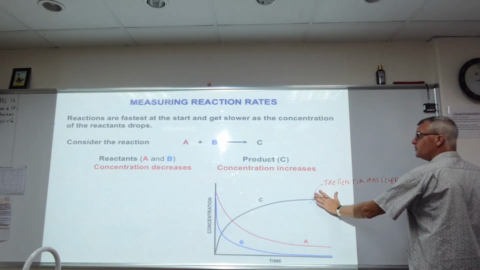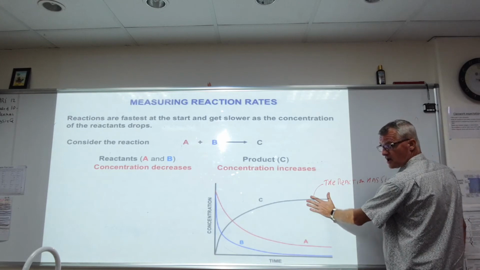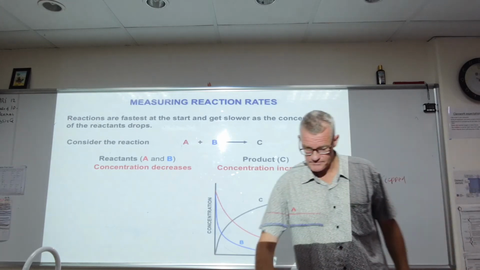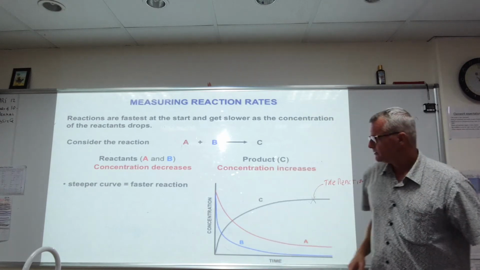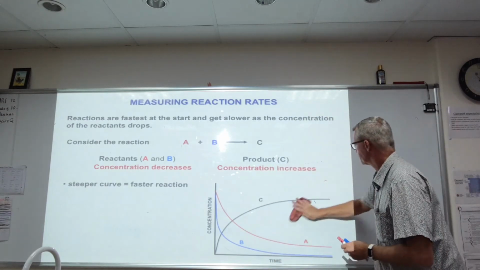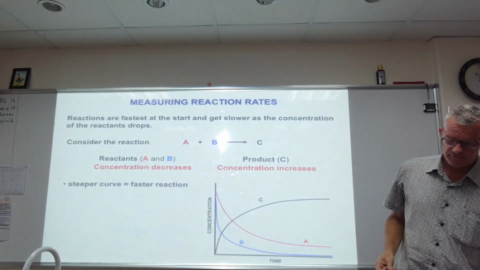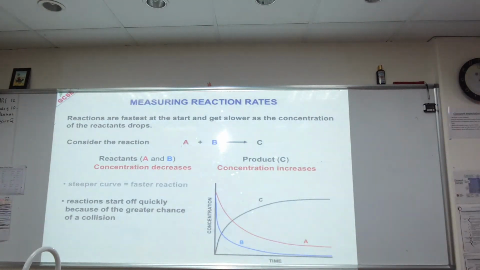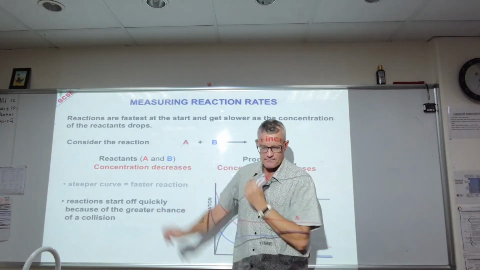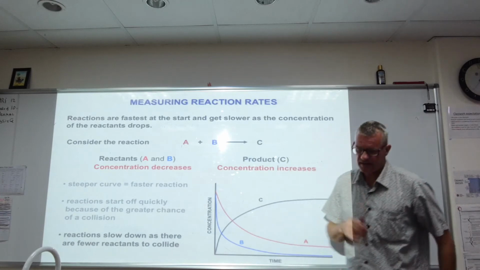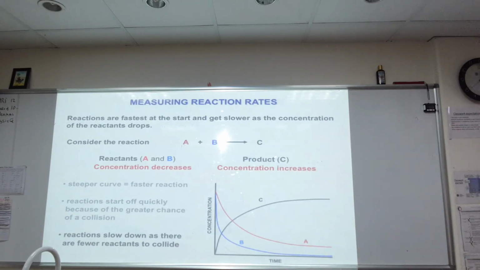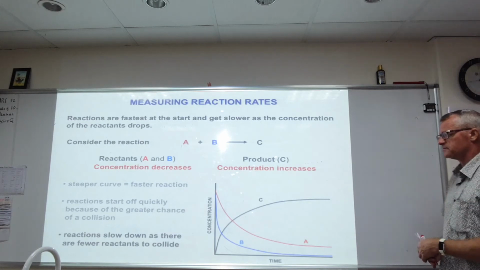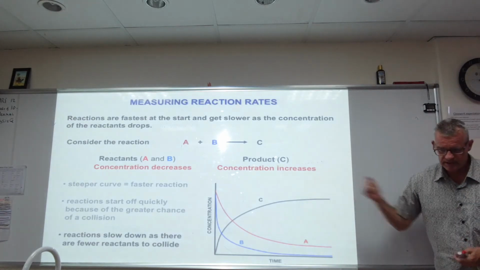That means no more additional products are formed. Okay? So again, a steeper curve means a faster reaction. Reactions start off quickly because of greater chance of collisions. We have more A and B particles, and then the reaction slows down as there are fewer reactants to collide. Okay?